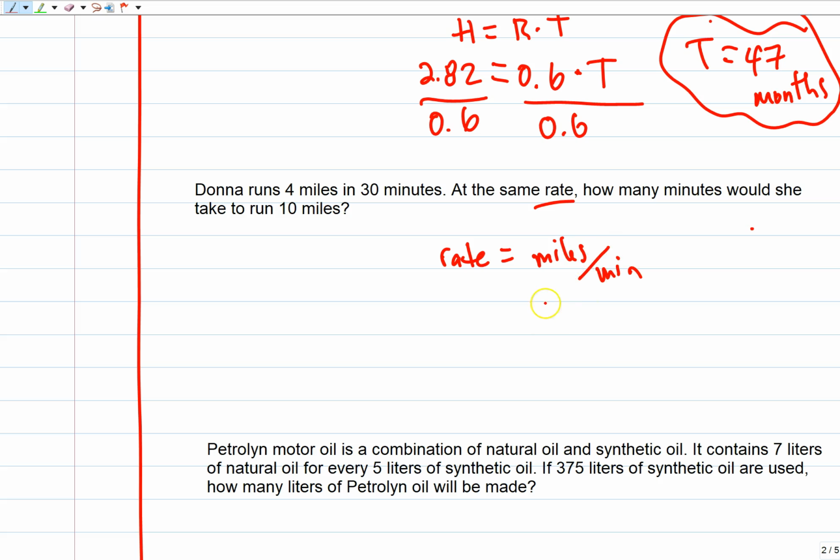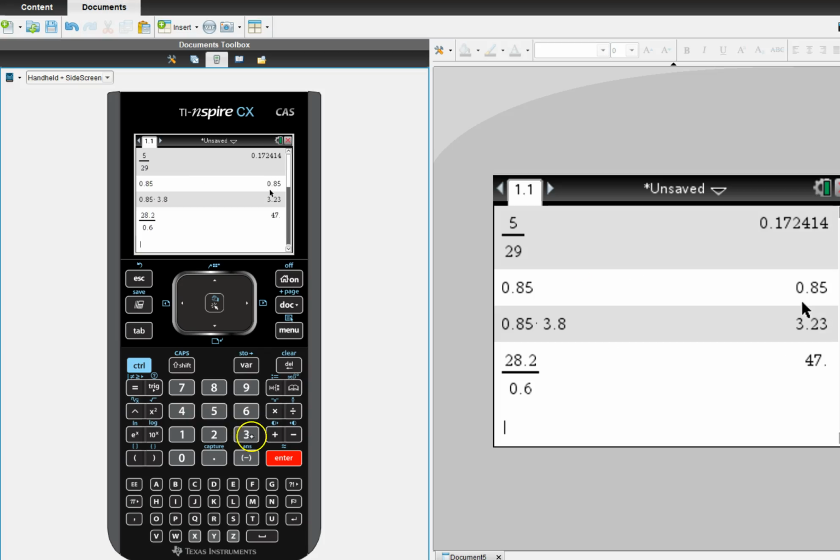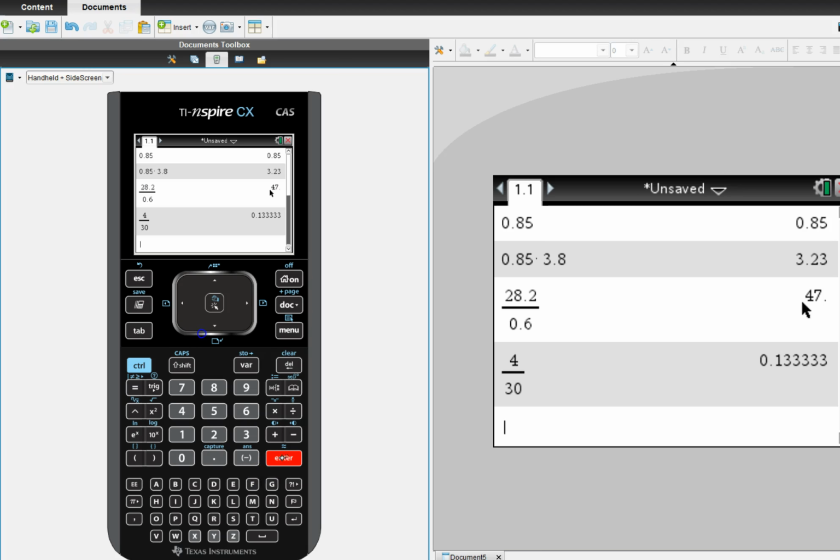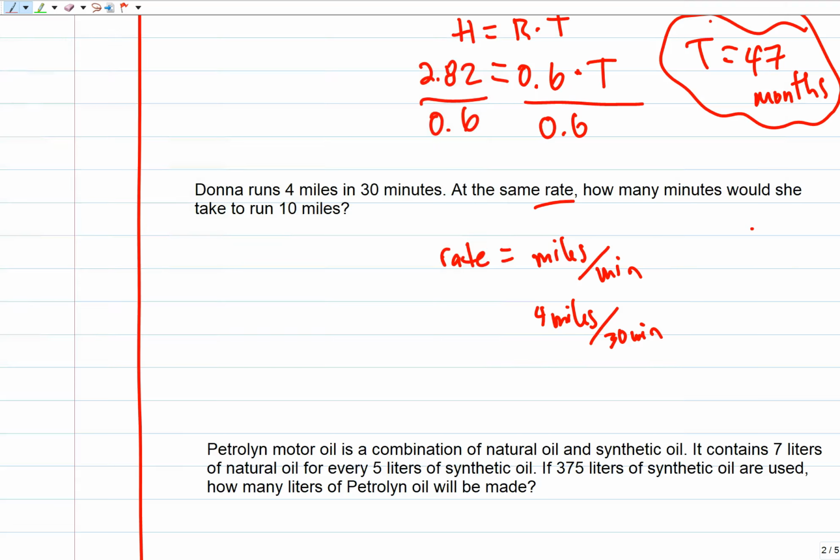So could you take 4 miles, divide it by 30 minutes, and it's not going to be pretty, but it's about 0.133 miles per minute.